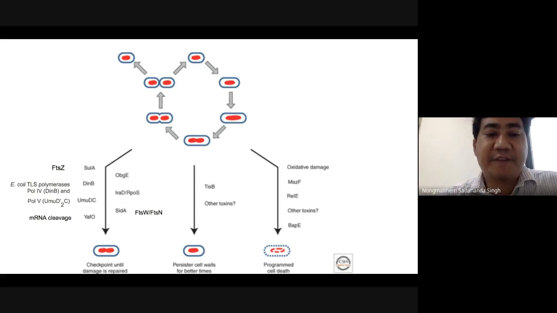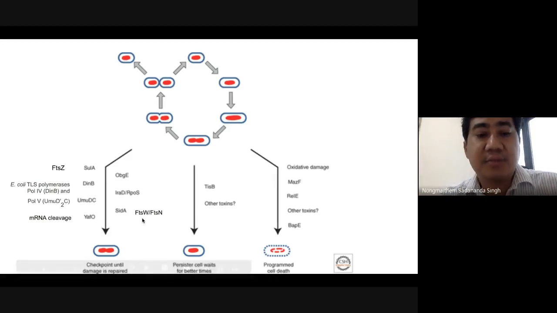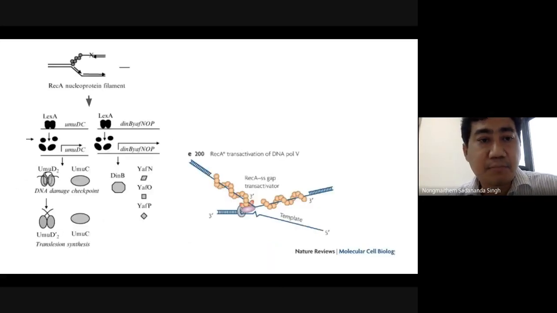So there are other factors like SulA, which is seen in other organisms like Caulobacter crescentus. What it does is that it affects the interacting partners of FtsZ, thereby stalling the cell cycle progression. So there are many ways to stall these processes when the SOS response kicks in.